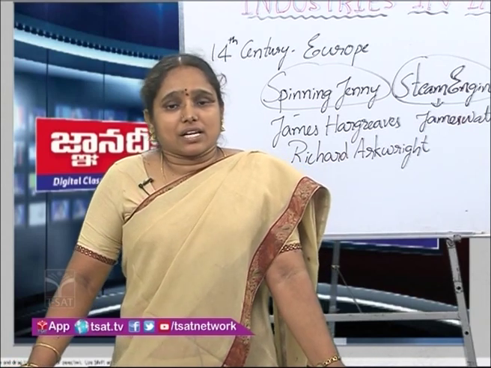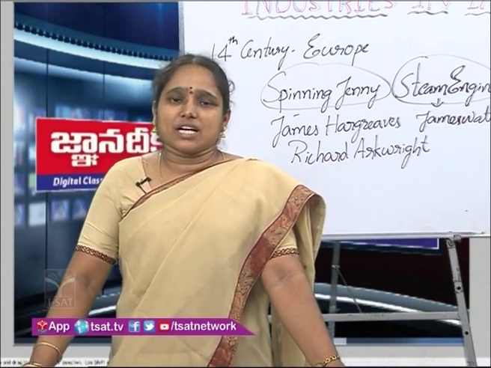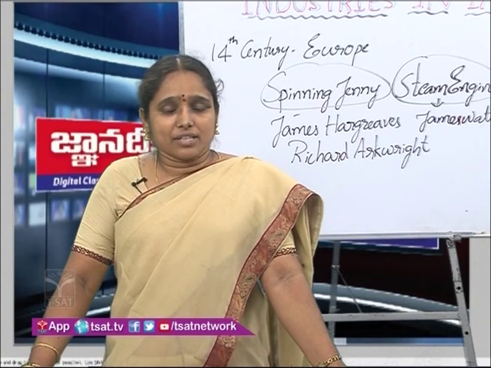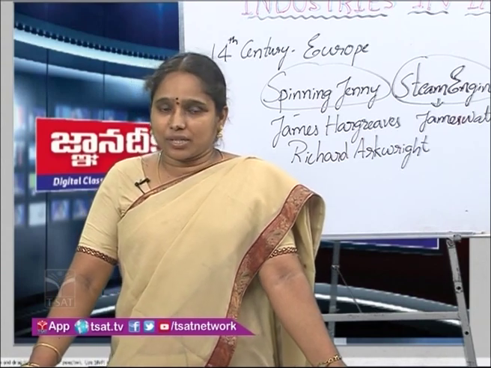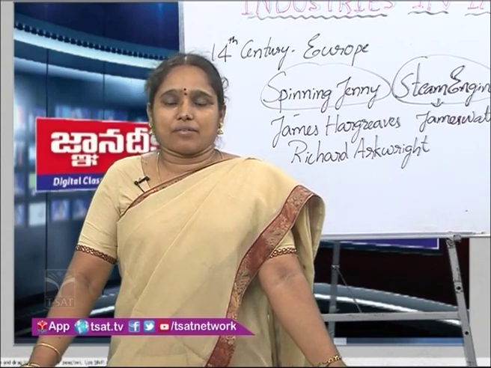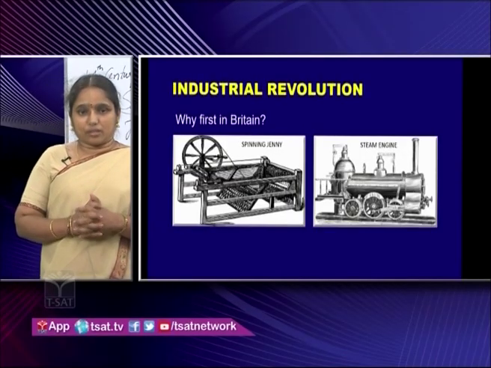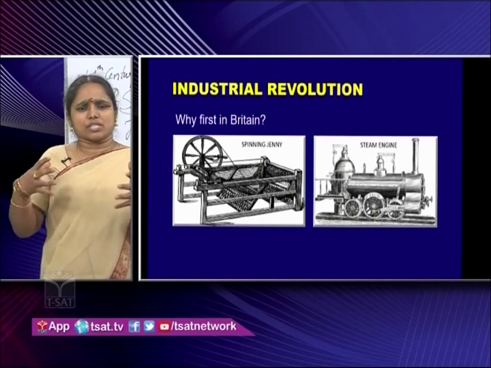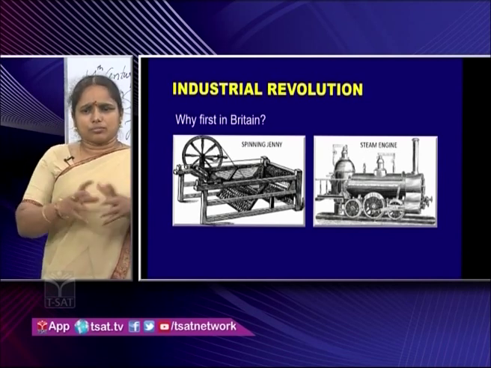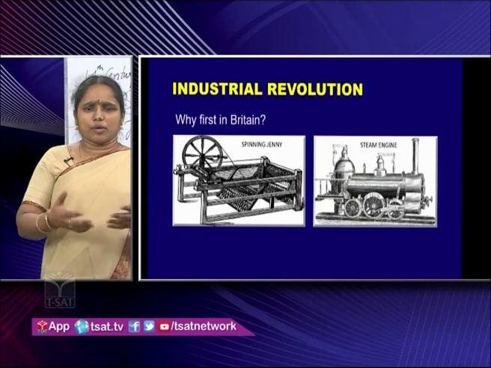The answers are many. Agricultural revolution took place in Britain. These inventions were done in Britain. Iron ore was available in Britain, and the political stability was there in Britain. In all other countries there were some fights going on, or maybe protests going on.